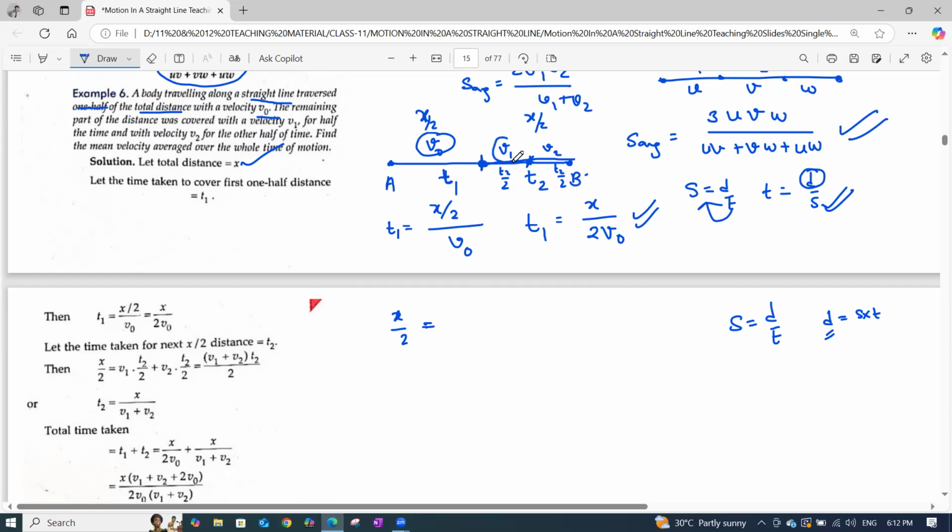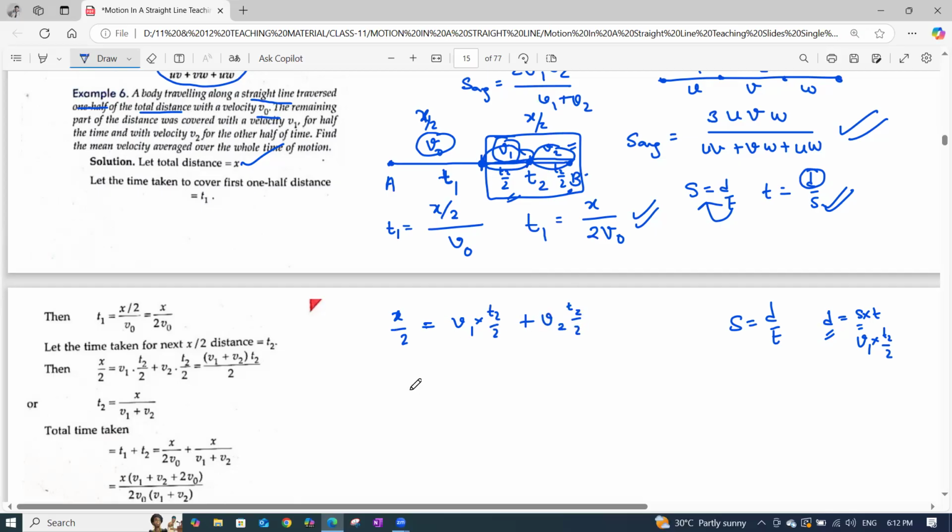Here it is going at speed v1 for t by 2 and v2 for t by 2, so in total we need to add, isn't it? So the distance is v1 multiplied with time t2 by 2, that is this half, plus v2 with time t2 by 2, like this.